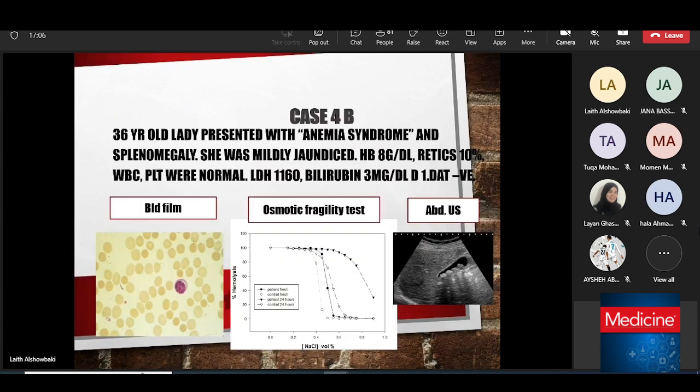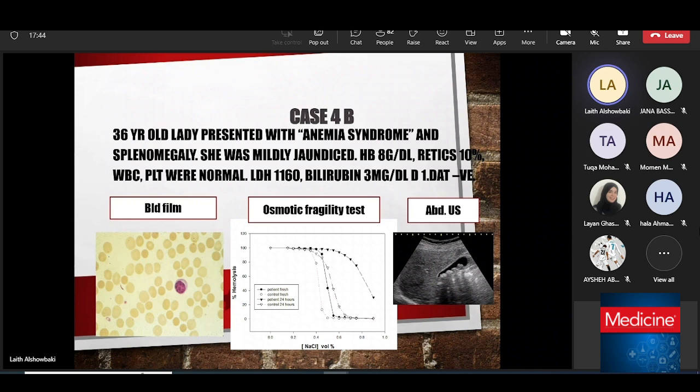So what do you think about that patient? If you just look at the blood film on the left side, you can see that the red blood cells look more circular than the expected oval shape. In the middle is the osmotic fragility test, where they change the osmolarity and monitor the destruction rate of the red blood cells at each concentration.